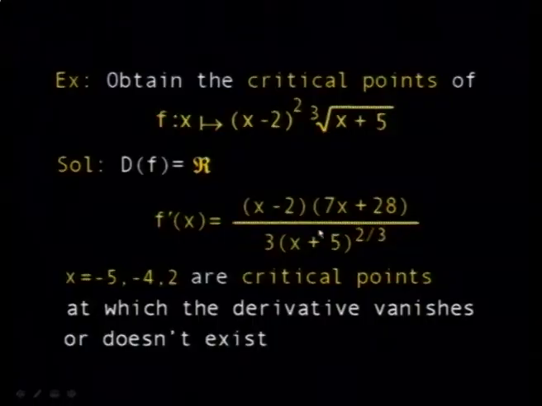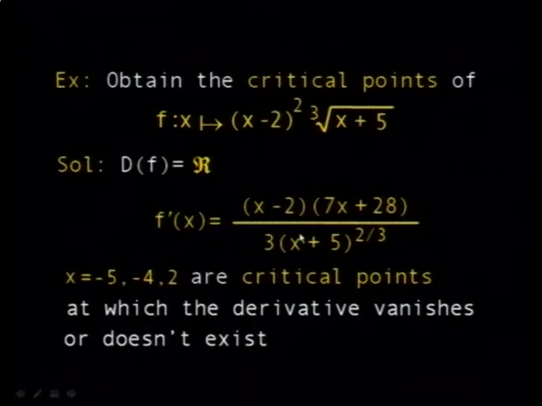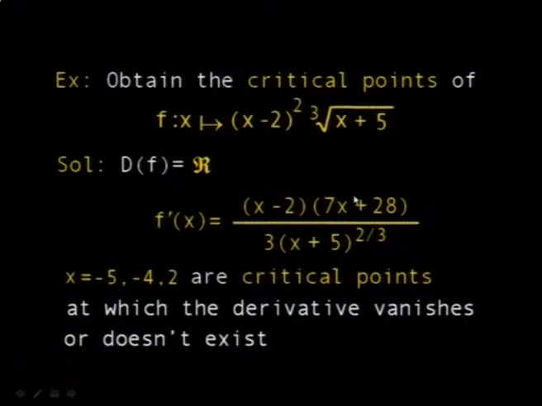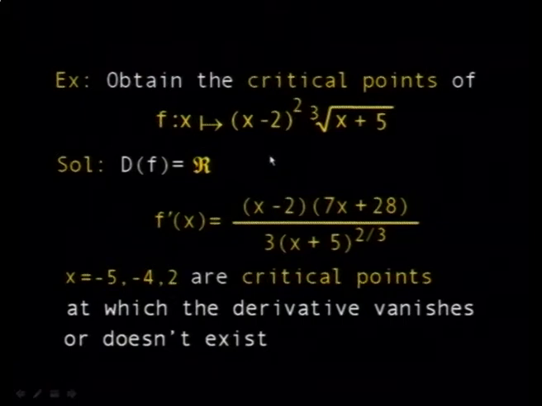In other words, the function may have a maximum or a minimum at this point. We don't know yet. We have to do some tests. But in any case, these are 3 critical points of the function because they lie in the domain of the function and at them either f dash exists and is equal to 0 or it doesn't exist.